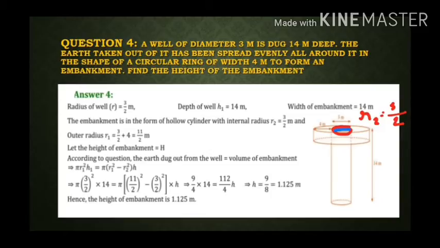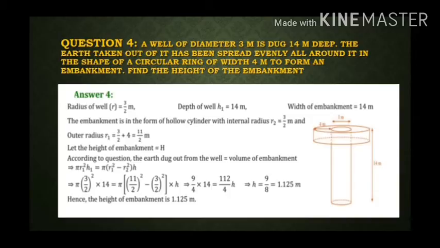And for the outer space, the radius will be 4 plus 3 by 2, because the ring of width 4 meter is given.